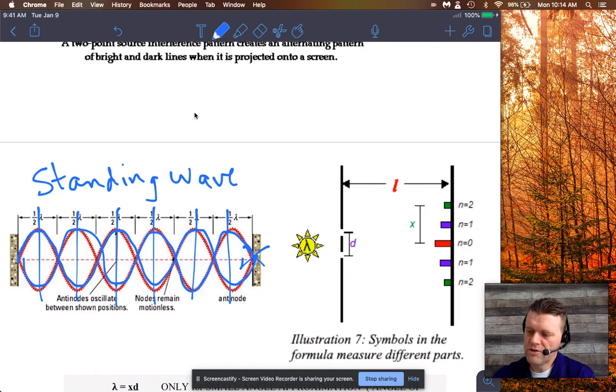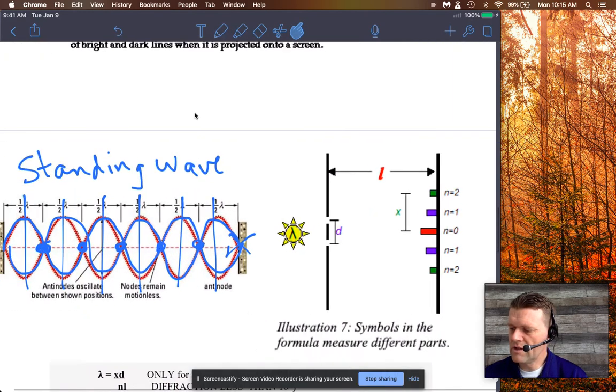And the nodes are the areas where the spring appears to not be moving, just due to the symmetry of the pattern that's created. And if that helps you when you're thinking of the interference pattern that's sprayed on the screen, then by all means think of that, because the antinodes are the areas where there's maximum amplification or constructive interference, and that's where the light is the brightest.